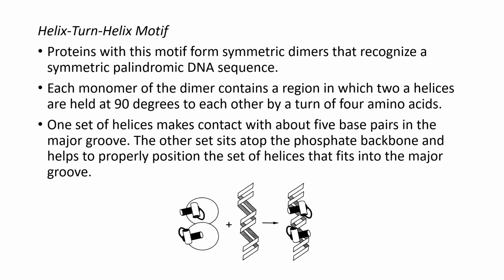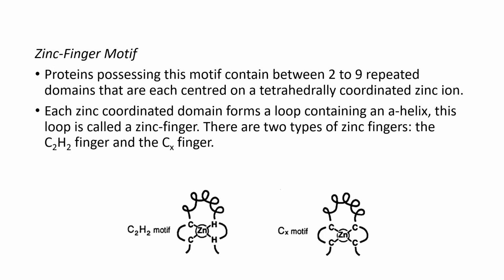And one set of the helix makes contact with about 5 base pairs in the major groove of the DNA, while the other set sits on top of the phosphate backbone and helps in proper positioning of the helices to fit into the major groove.